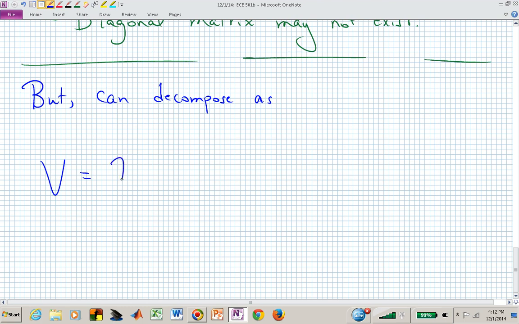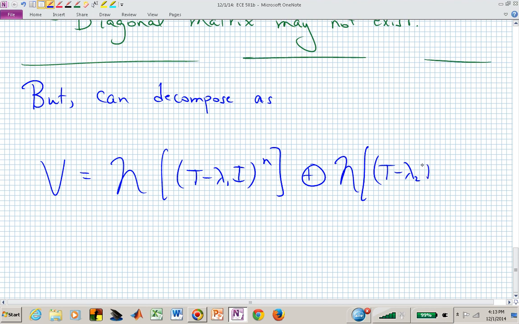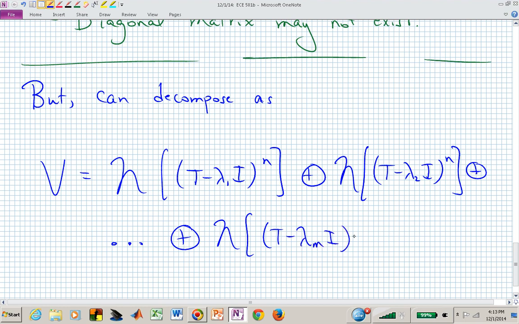Let me say that we now are looking at the null space of T minus lambda sub 1 I raised to the n, plus the null space of T minus lambda sub 2 I to the n, etc., down to the null space of T minus lambda sub m I to the n.